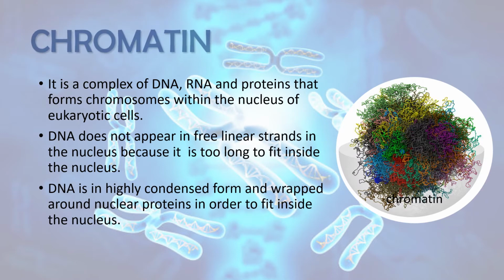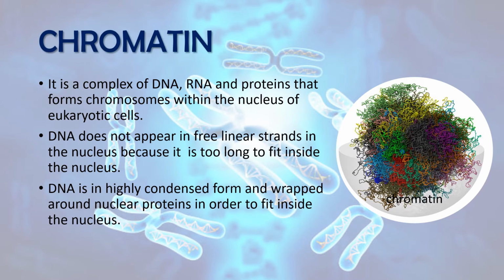What are the chromatins? Basically, this word chromatin is taken from the Greek word chroma, which means color. So these are thread-like structures that absorb certain dyes, thereby looking colored.